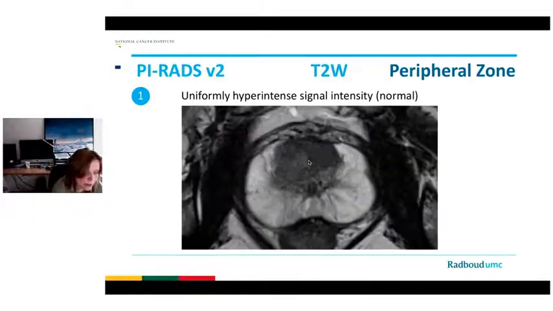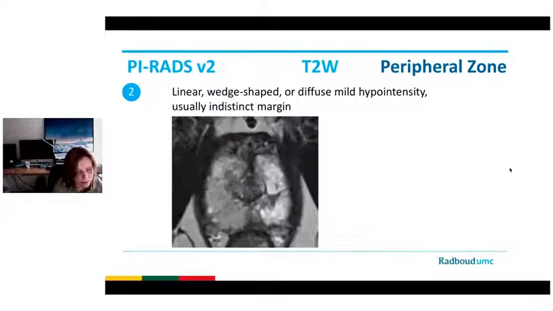And we can see nicely represented prostate images here. This is PIRADS 1, an absolutely normal transition zone and peripheral zone. We see a bright peripheral zone and a transition zone of mixed, usually slightly dark signal.